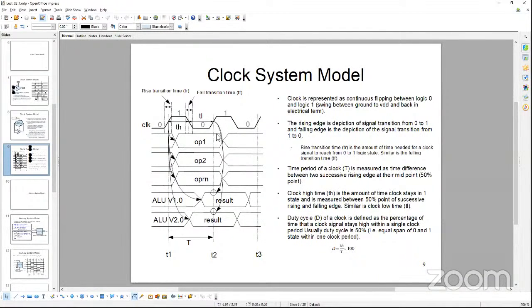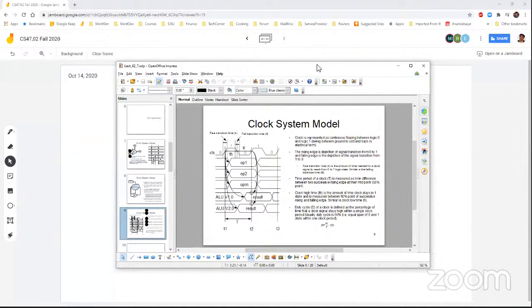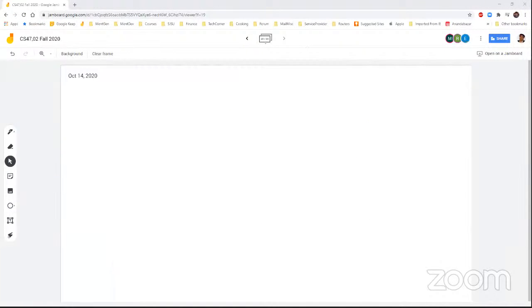And for us, without getting into the complexity of rise transition time and fall transition time right now, we can think of this whole system as giving you a train of square pulses.